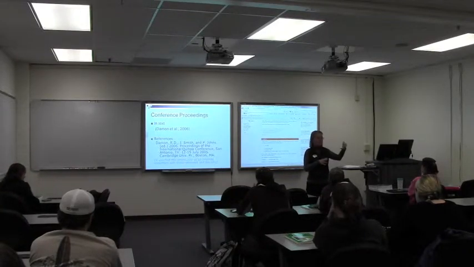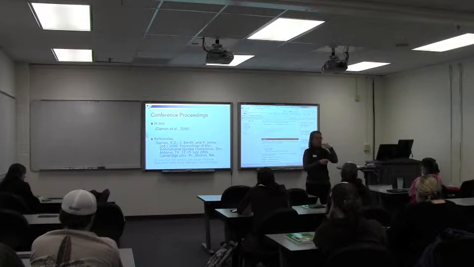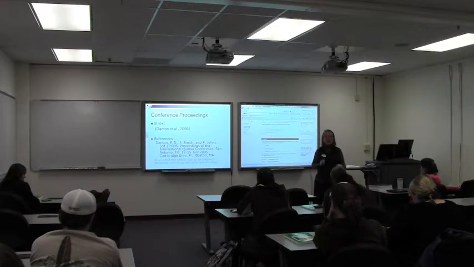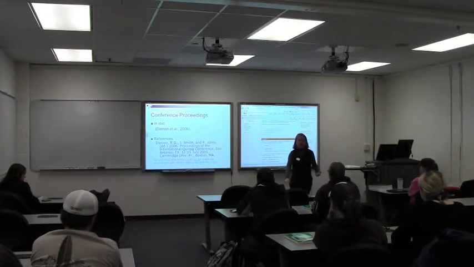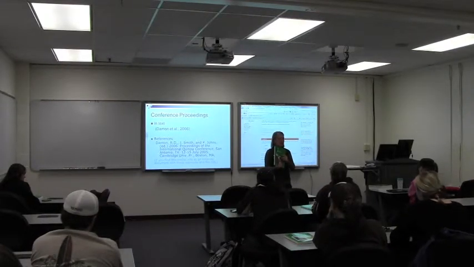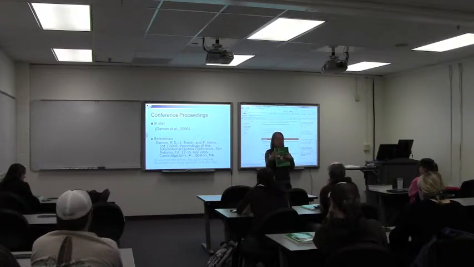What happens is Professor Humphreys goes to an agriculture conference and he gives a paper, okay? It's not published yet in a journal, but he delivers it at a conference. And sometimes all those papers for that conference are put together in what's called conference proceedings.